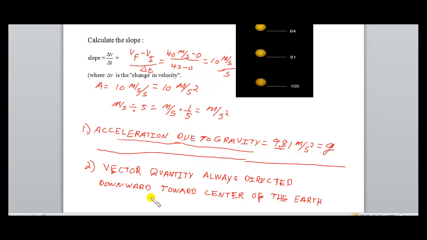The other fact that you should know about acceleration is that it's a vector quantity. And the acceleration due to gravity is always directed downward toward the center of the Earth, because that's the direction of force of gravity. You never see objects fall upwards. Again, you may throw them upwards, but eventually they basically will fall back down to the Earth.